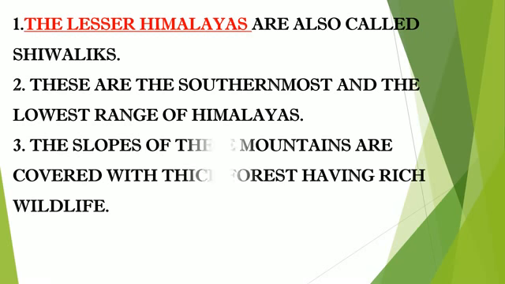The slopes of these mountains are covered with thick forest, just as the slopes of the mountains in Himachal are also covered with thick forest. But these have very rich wildlife. In these forests you can find a lot of animals like cheetah and tiger.